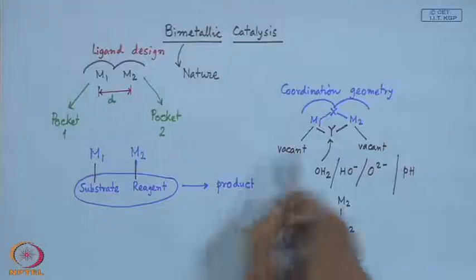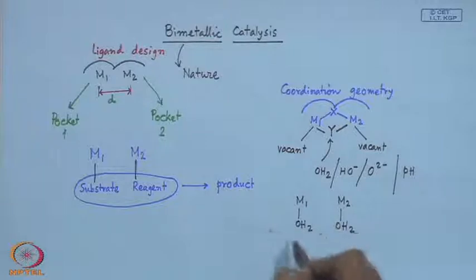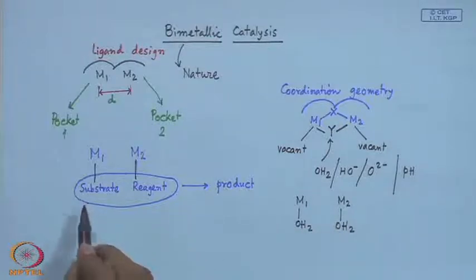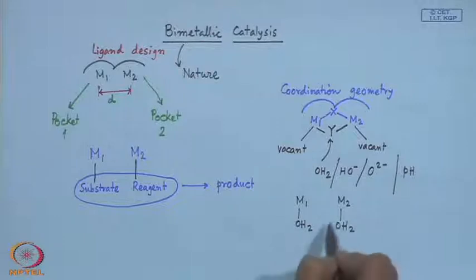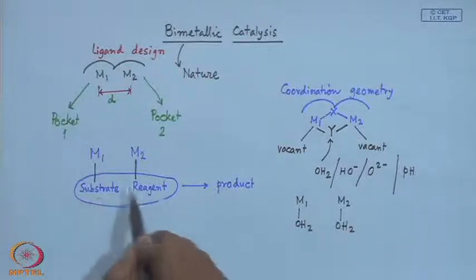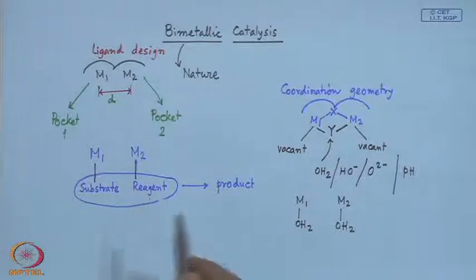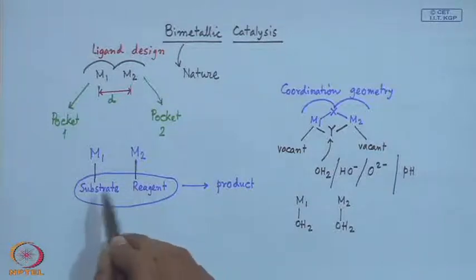So, if you get ultimately this arrangement, this is also suitable for your substrate binding and reagent binding, because this water molecule can be substituted by your incoming substrate molecule, and this water molecule, if water is not required and something else is required, can attack your substrate as a reagent or some useful group which will attack your substrate.